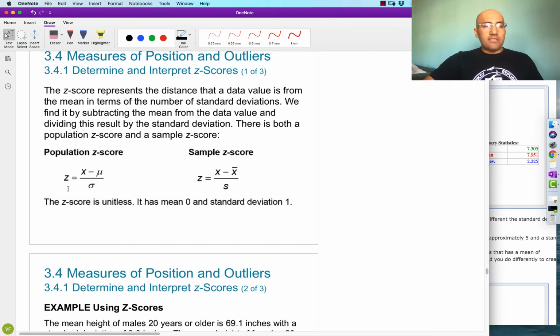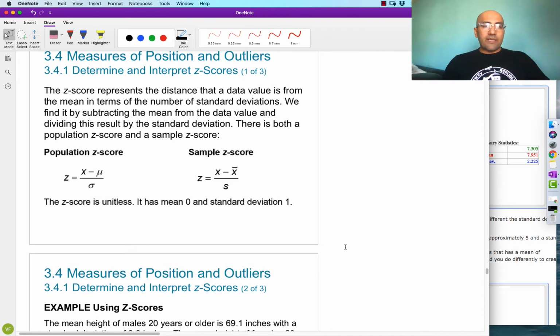That's called the z-score. The z-score is exactly what we just described. It's a number that represents how many multiples of the standard deviation to the right or to the left of the mean a unique value is. So every value in your set will have its own z-score, because it depends on where it is in the distribution.